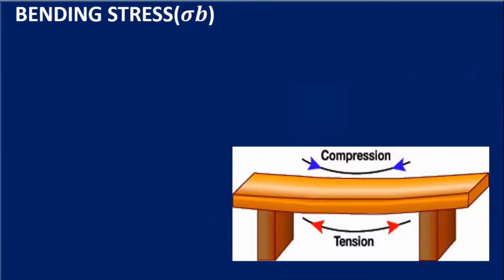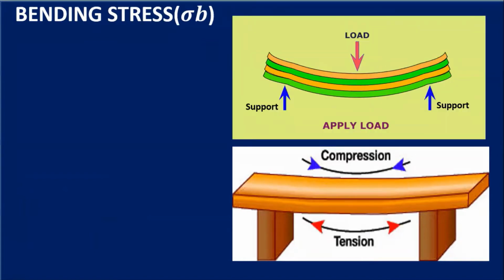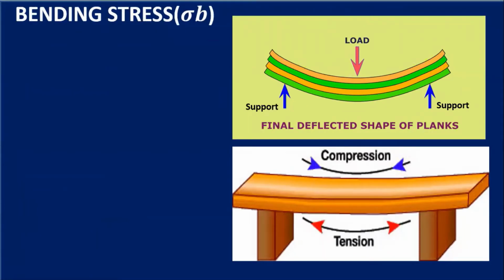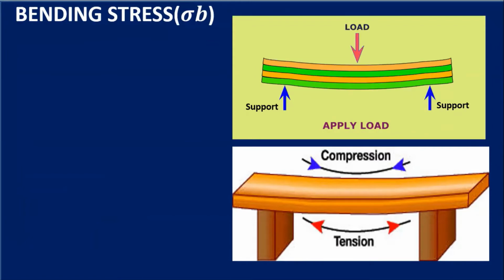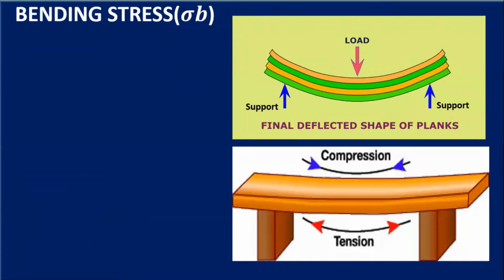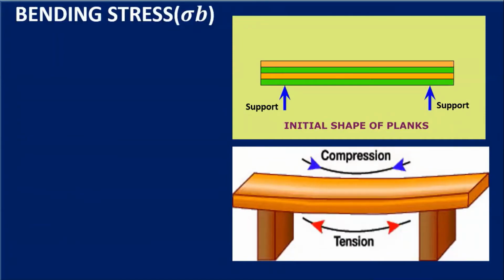Next is the bending stress, which is denoted by sigma b. Now, let's take a plank or a straight beam which is supported at the ends and apply the load at the center. The beam gets deflected.